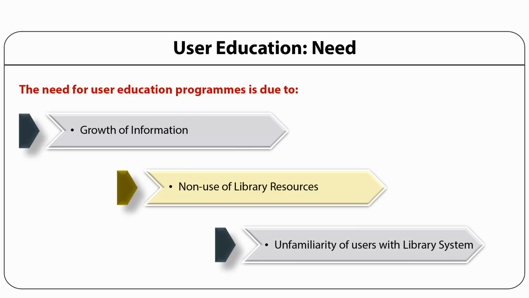The library system, although designed and developed to help the user, sometimes becomes an obstacle, particularly when the users are unfamiliar with the system, in the way of using the library resources freely, properly, adequately, and to the satisfaction of the users.